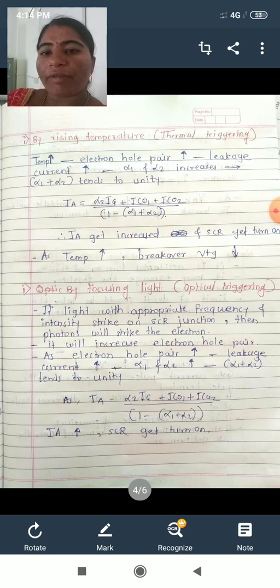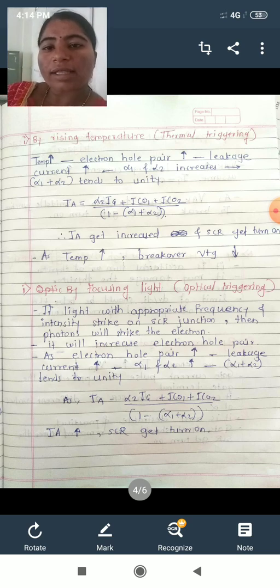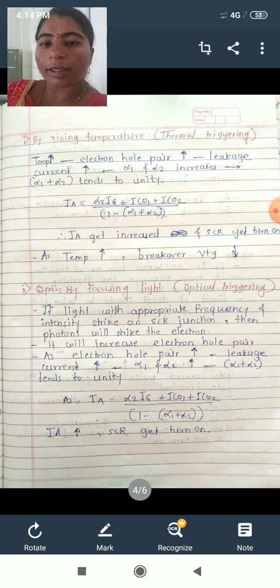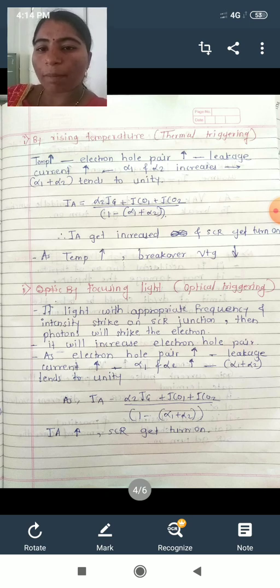Now see one by one. First is by rising temperature, also called thermal triggering. What happens in this case? Thermal triggering means we have to raise the temperature. When we raise the temperature of the SCR, the electron hole pairs present in the P and N regions increase.